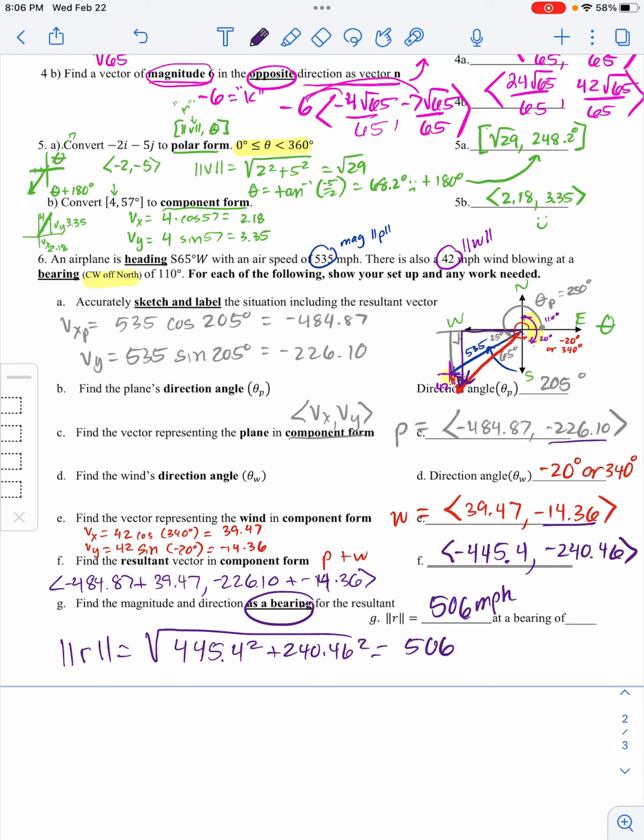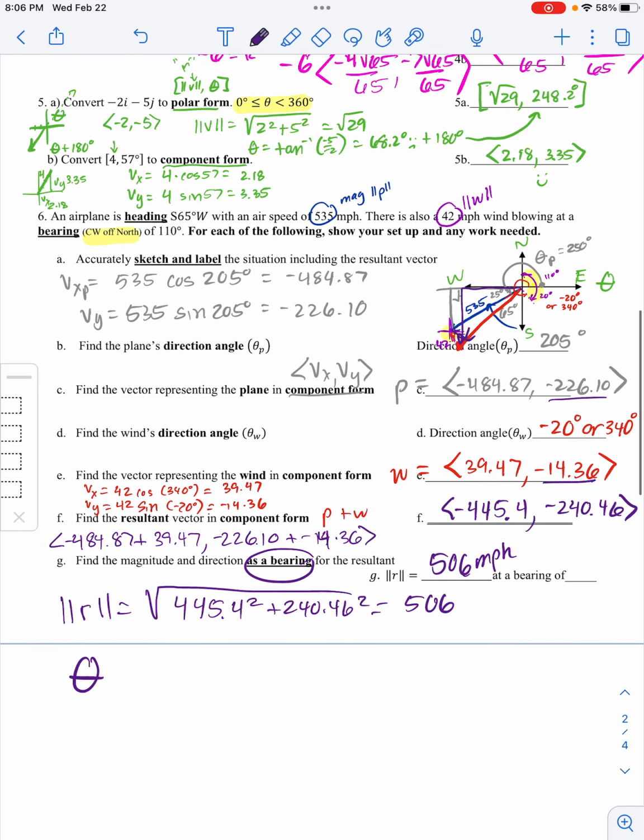Now, bearing, let's first find theta. And theta is going to be measured from the theta starting spot. But theta is the only thing I know how to find. And keeping in mind that I'm in quadrant 3 with this thing, I'm going to take whatever the calculator gives me, and I'm going to add 180 to it, so I can figure out what my theta is measured from 0. So when I do tan inverse of my y coordinate, and I'm doing the resultant over my x coordinate, I'm going to get something, something.